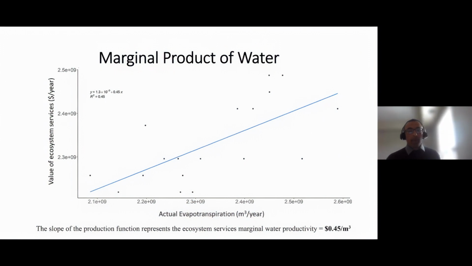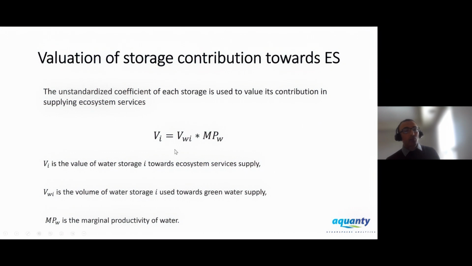So now we can apply this value, and we know from our modeling or simulation the volume of the water, the total as well as the subsurface and the surface storages consumed towards the supply of ecosystem services, and we can multiply these two numbers, and we will have the value of the storages or the total water consumed towards ecosystem services supply in the South Nation watershed.